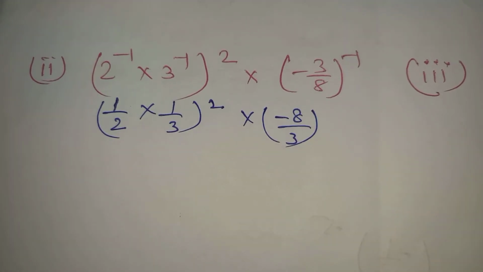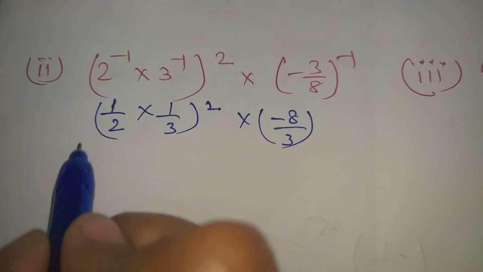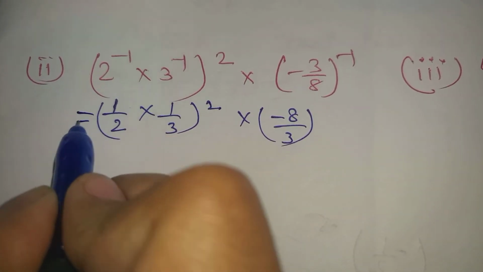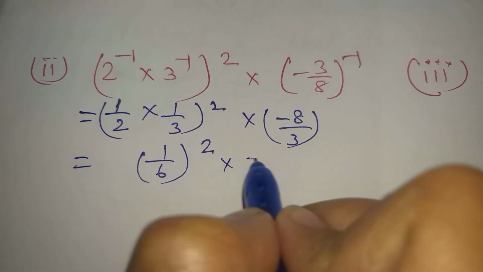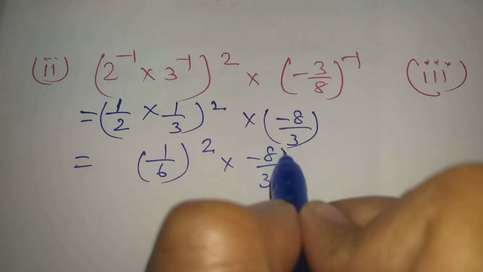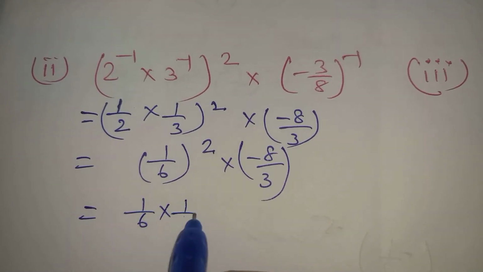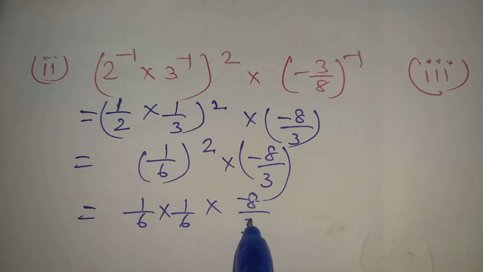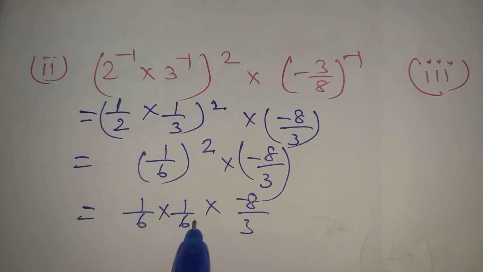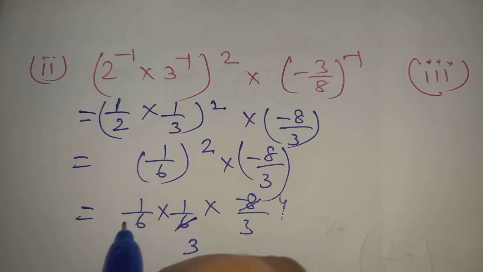The minus 1 will be removed. Now 1 by 2 into 1 by 3 can be written 1 by 6 square, into minus 8 by 3. Now 1 by 6 square means 1 by 6 into 1 by 6 into minus 8 by 3. By the table of 2, 3 times it will be 4 times.